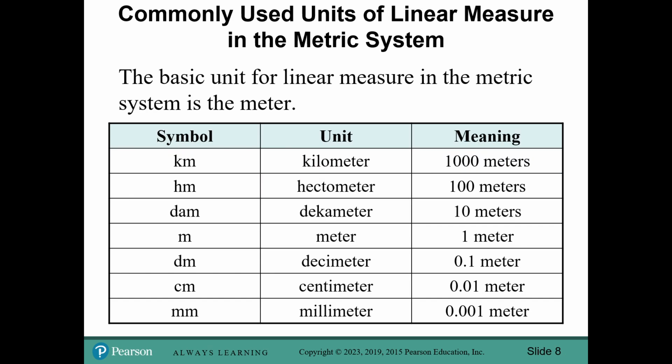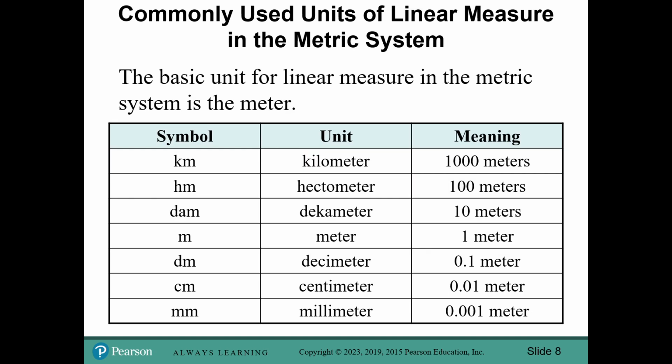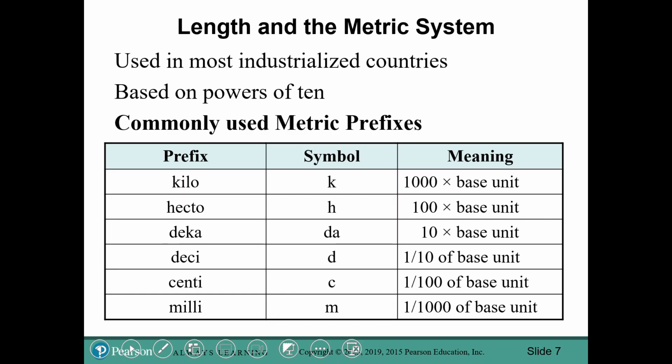So using those symbols, the kilo, hecto, deca, deci, centi, and milli, we attach those symbols, the K, H, Da, D, C, and M, to the different size units. If we're looking specifically at the unit of meter, meter is our base unit here.